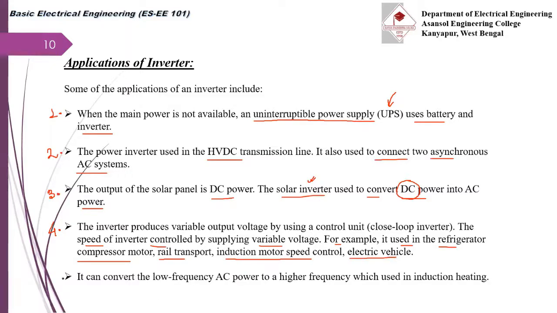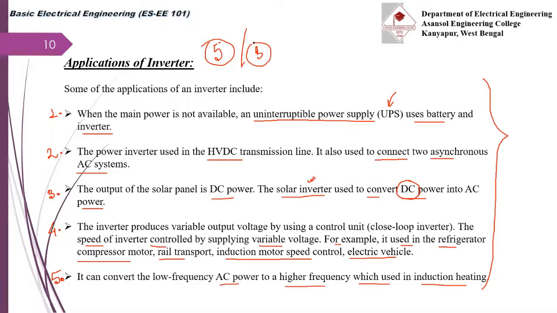Number five, it can convert the low frequency AC power to a higher frequency that is used in induction heating. So these are the various applications of the inverter, and in the exam it may come for 5 marks, either 5 marks or 3 marks.